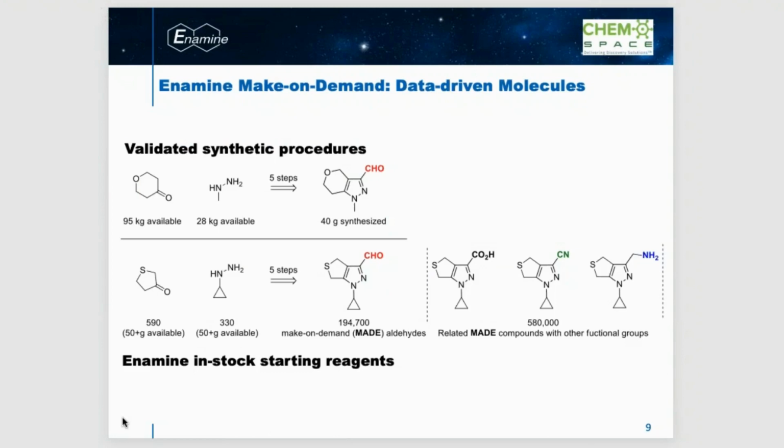And there are two things that we use when we generate Enamine make-on-demand molecules. One thing is validated synthetic procedures, only validated synthetic procedures, and the second one is obviously that this procedure should be validated with Enamine in-stock reagents.